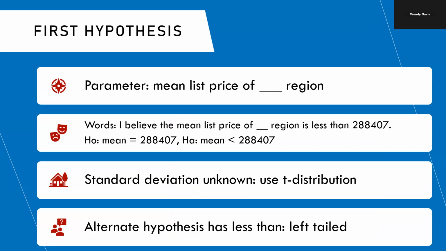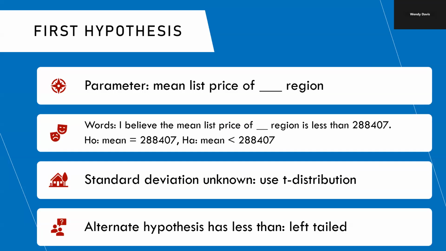In words, we're going to say, I believe the mean list price of whatever region you select is less than 288,407. Okay, where did I get that number? That is from the PDF of the national values, which I will show you when we look at the Excel file.